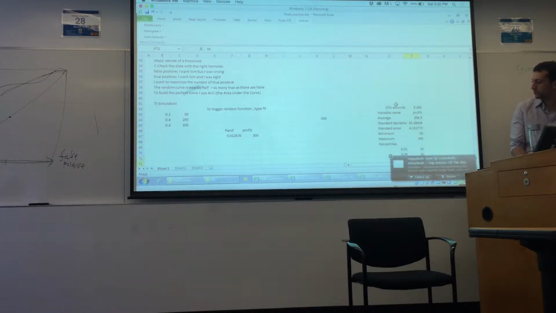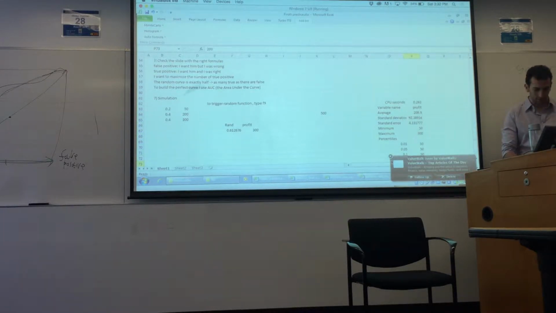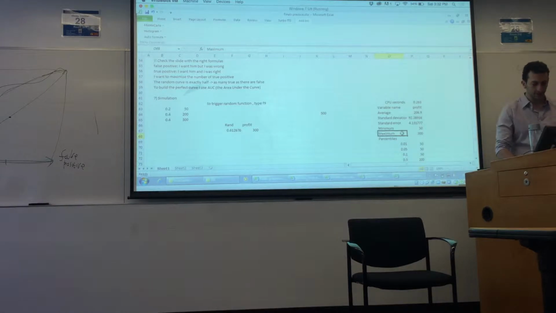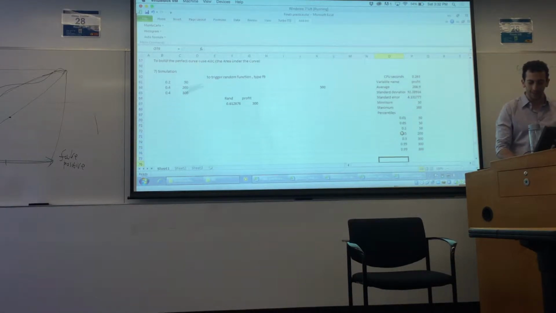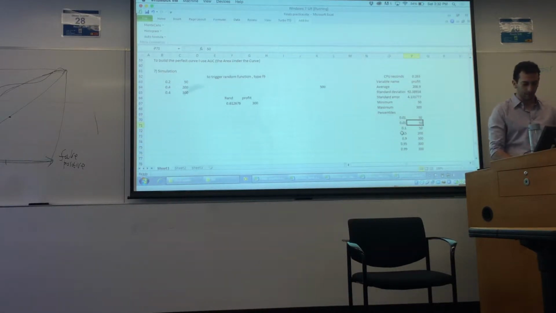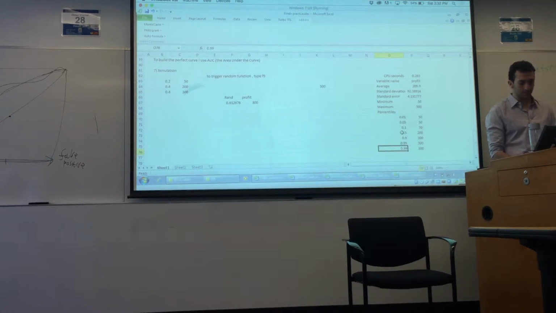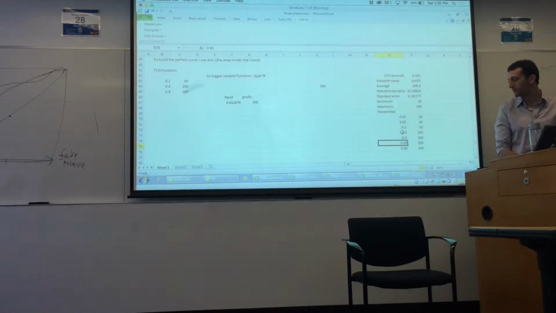Standard deviation, minimum, and so on. And I have some type of a histogram. So I can see that 99% of the times it's less than 300. 95% of the times it's also less than 300.